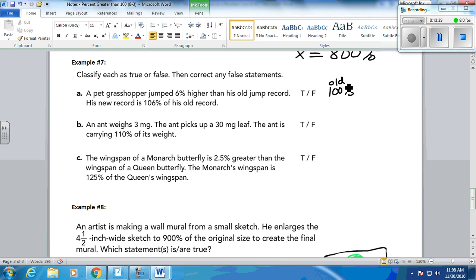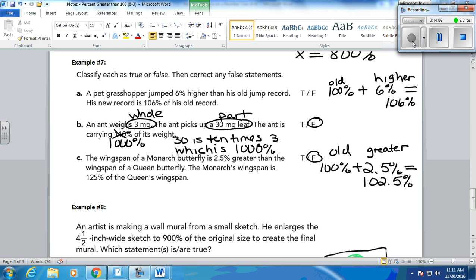So if he jumped 45 feet, then the record is 45, and in order to beat that record, he has to go more than 100%. So he said that he went 6% higher, so 100% plus 6% is going to give me 106%. Since they both have a percent sign after them, they're like terms, and I can add them together. So go ahead and take a look at B and C.